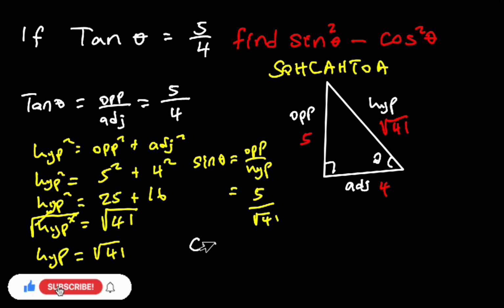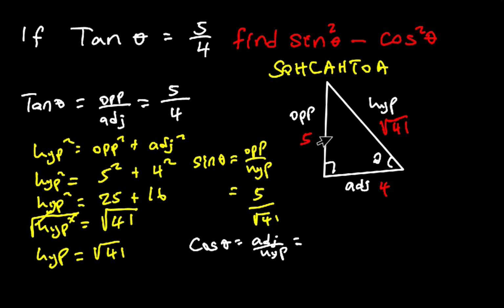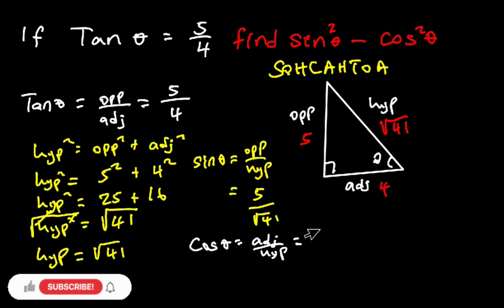So we have that cosine theta is equal to adjacent over hypotenuse, and this is equal to, adjacent is 4 over hypotenuse is root 41.